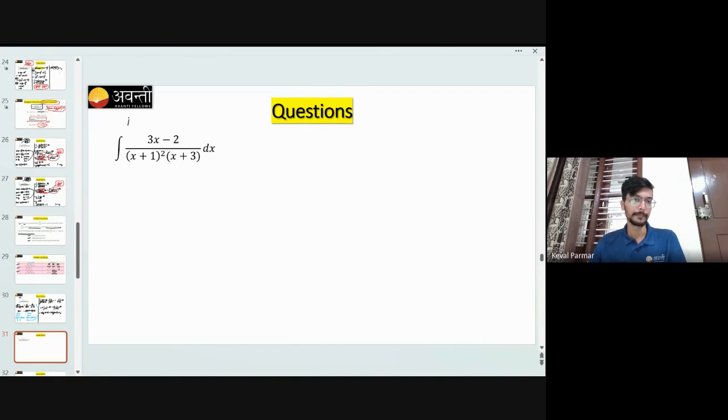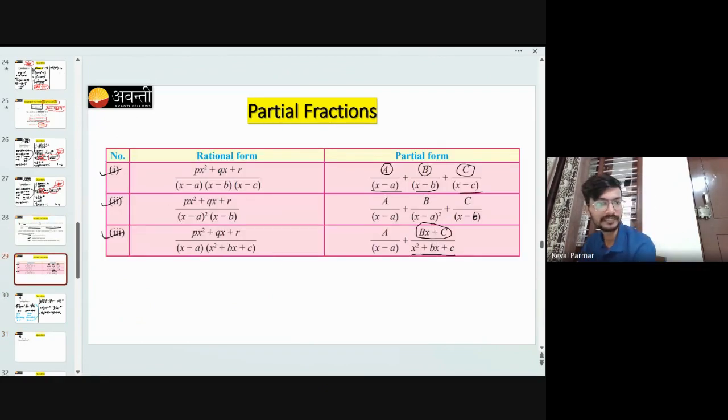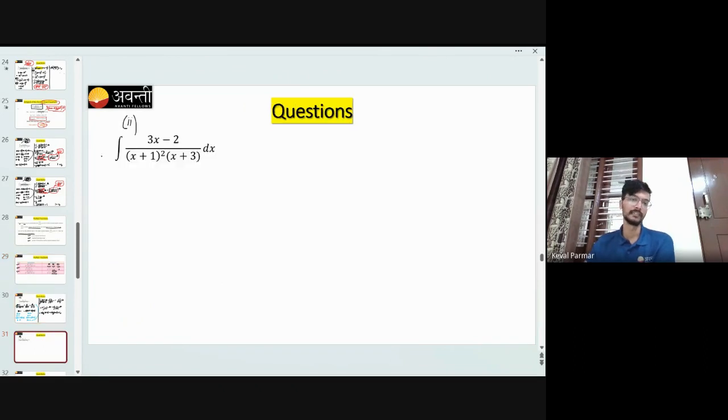So let's try the second one now. This is the second type. Repeated linear. Do you remember the partial form for repeated linear? The second one, it is A upon x minus a, B upon x minus a, the whole square, plus C upon x minus b. Let's try this.